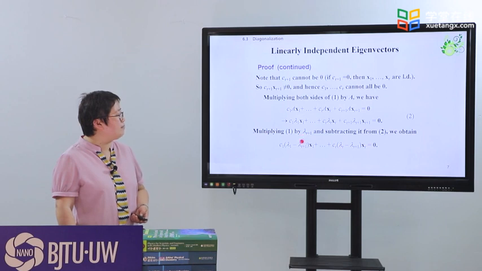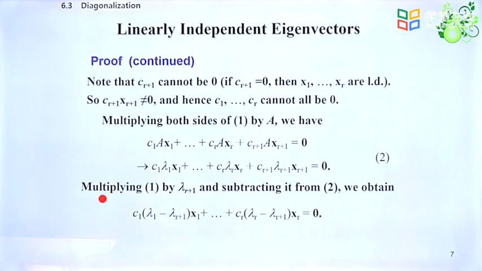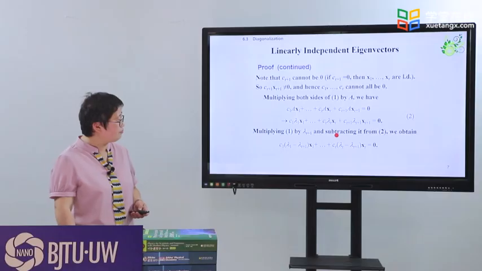Multiplying 1 by lambda r plus 1 and subtracting it from 2, we obtain c1 times (lambda 1 minus lambda r plus 1) times x1 plus till plus cr times (lambda r minus lambda r plus 1) times xr equals 0.